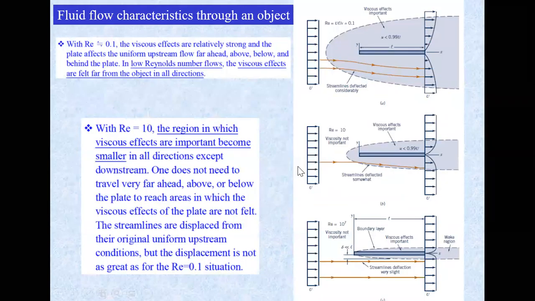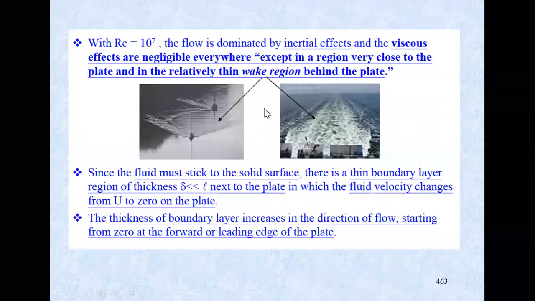But for a specific case like this, the lower the Reynolds number, the bigger the friction, right? The bigger the friction over here, the bigger the viscous effect over here. With the highest Reynolds number in our case, the flow is dominated by inertial effect and the viscous effects are negligible everywhere except in the region very close to the plate and in the relatively thin wake region behind the plate.